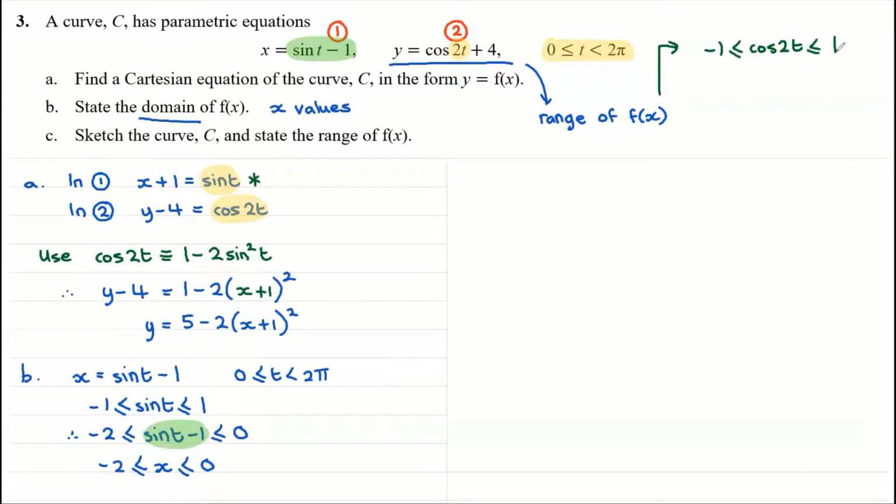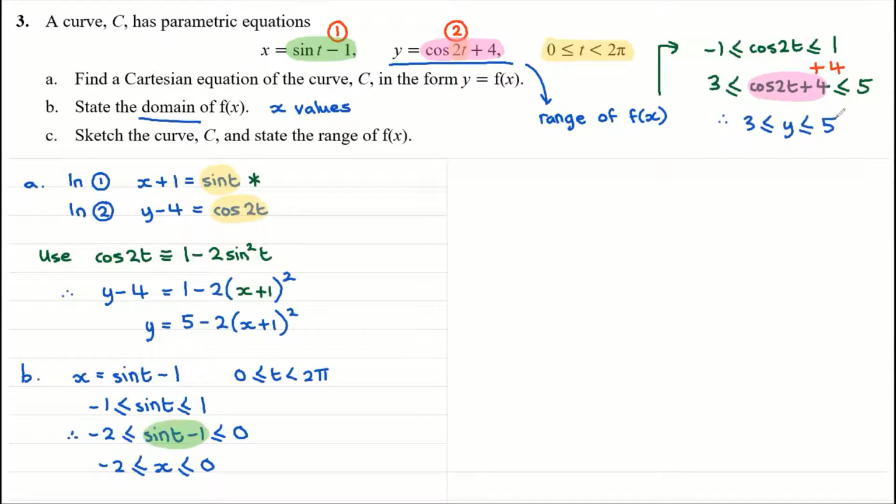By adding 4 to all of this, we get 3 up to 5 on the right-hand side, with cos of 2t plus 4 in the middle. Because this is what y is, this gives us the range as well. So we're going to have 3 up to 5. This is the range.